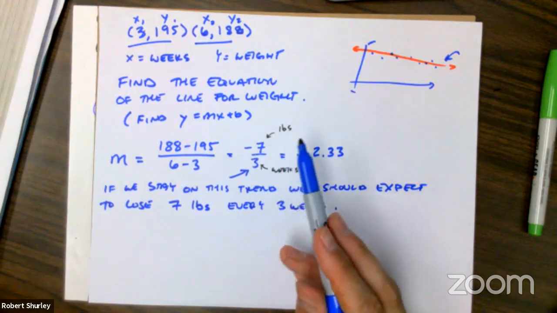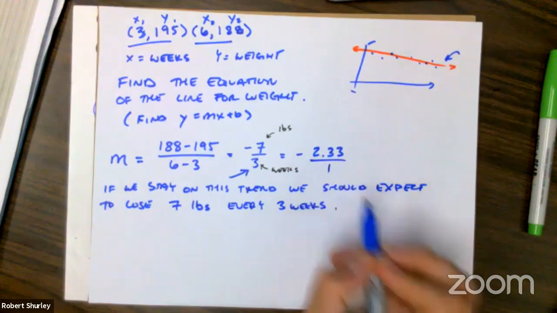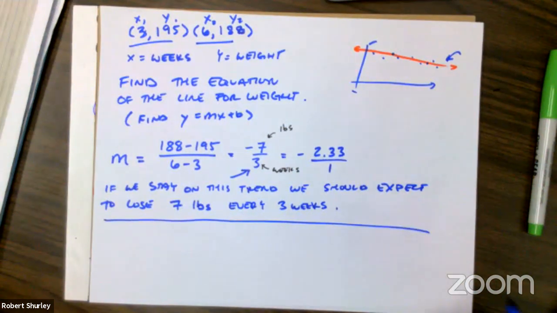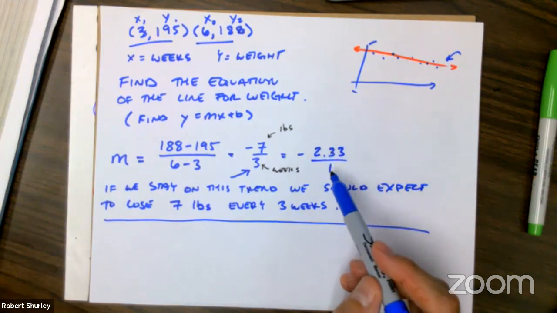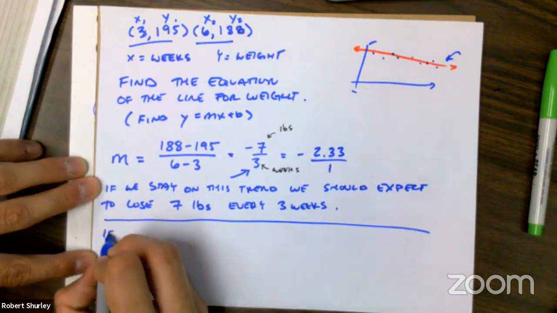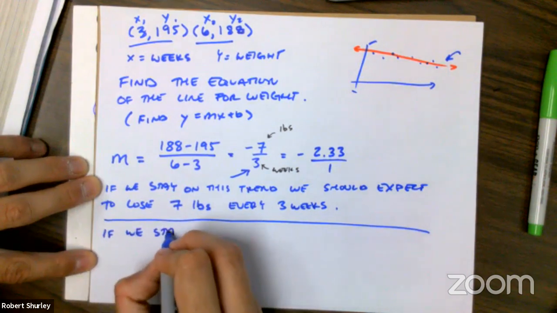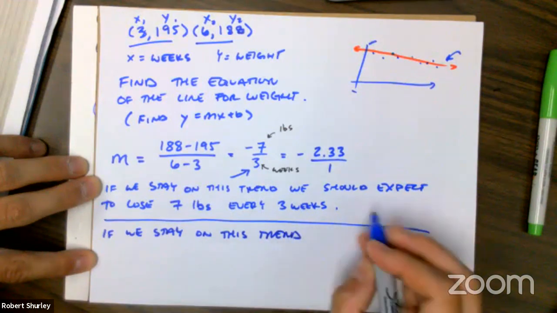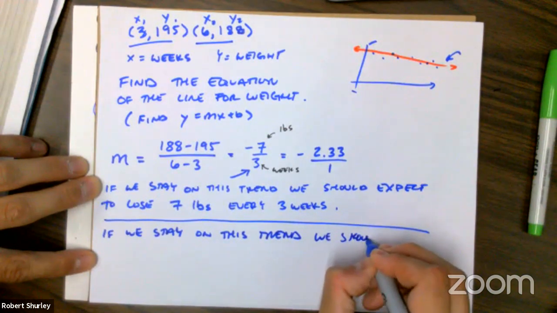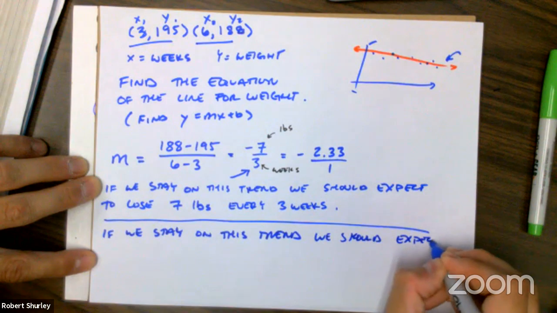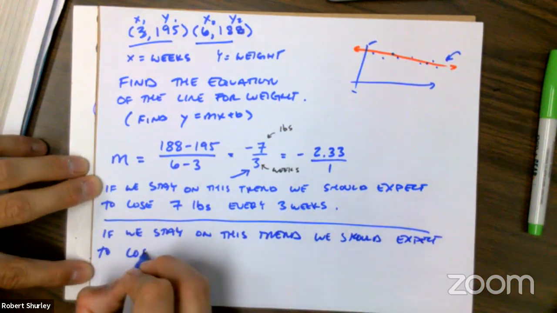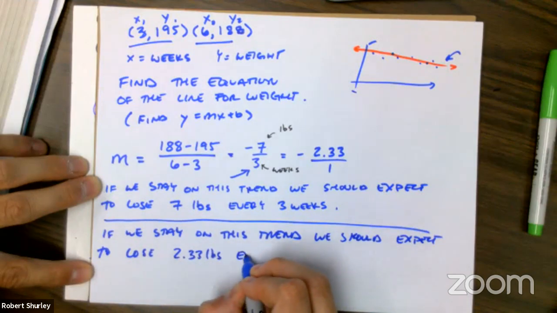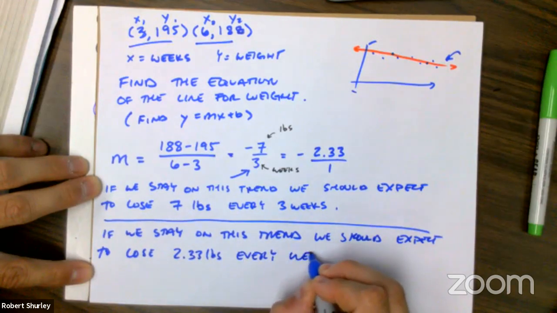Now, when we made this into a decimal, though, we need to think of it as over 1. So this is the same thing, just a weekly example, right? Because this is still pounds and this is still week. So we can also say, if we stay on this trend, we should expect to lose 2.33 pounds every week, right?